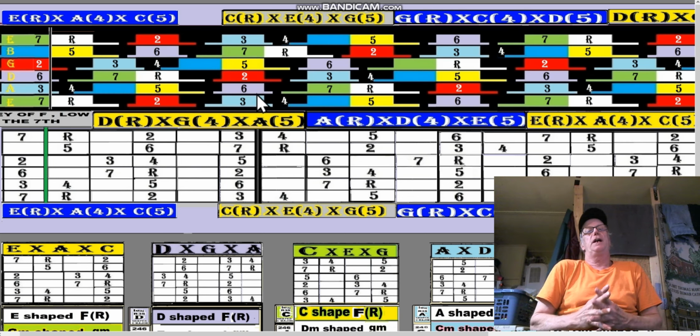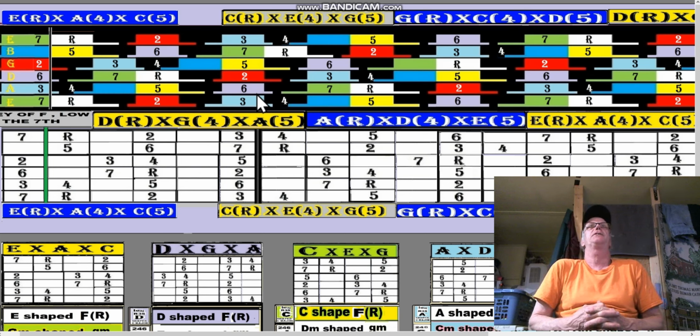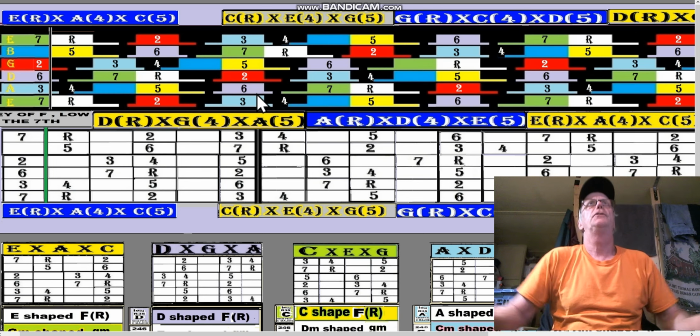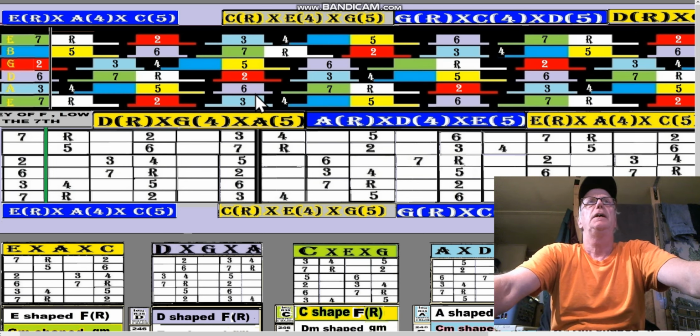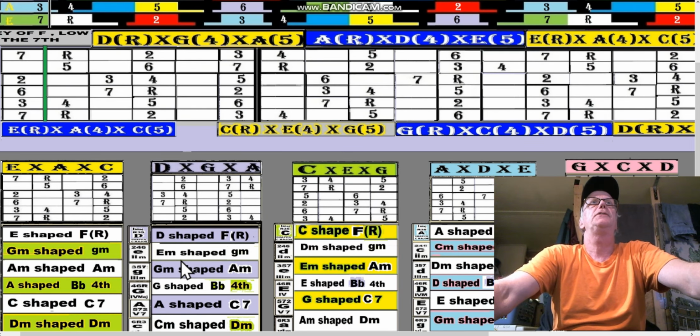The only time you'll be assigning numbers is when you're looking to maybe coin a chord. So let's say we were looking at the G minor, which is the 2nd. G minor is the 2nd of F. All of these different cage shapes will have the G minor over here.